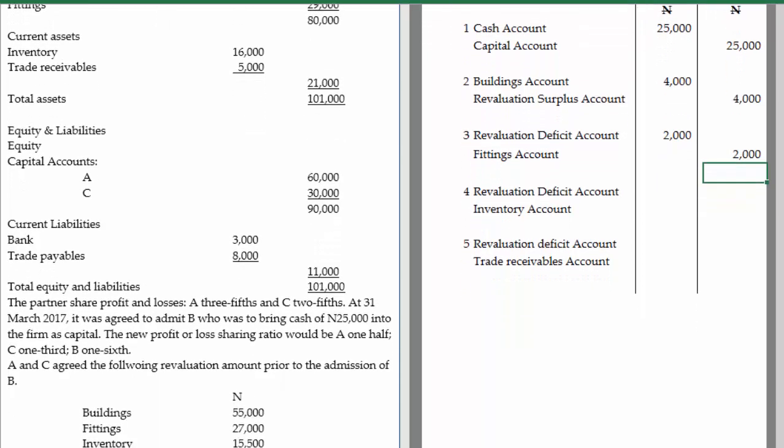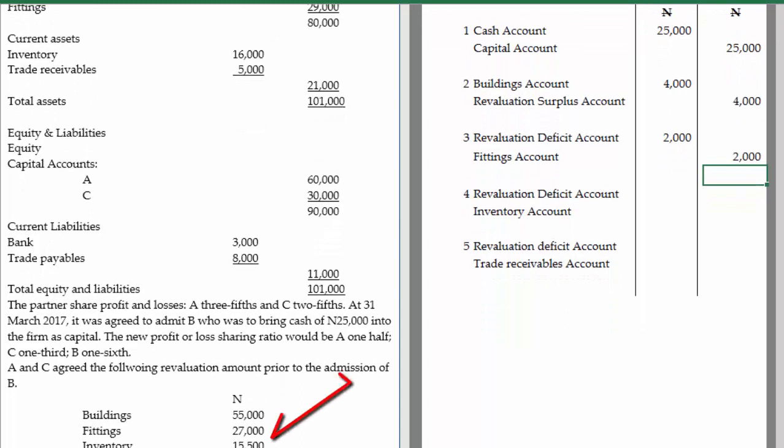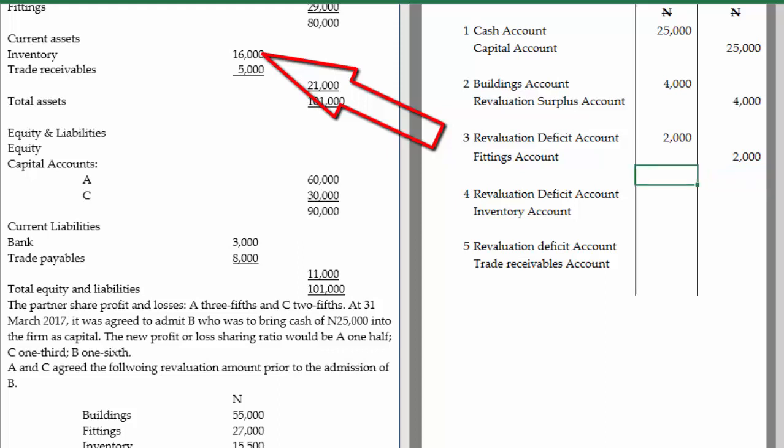The revalued amount is 15,500, while the carrying amount in the statement of financial position was 16,000. This is also a revaluation deficit, so we will debit revaluation deficit account with 500, and we will credit the inventory account with 500.